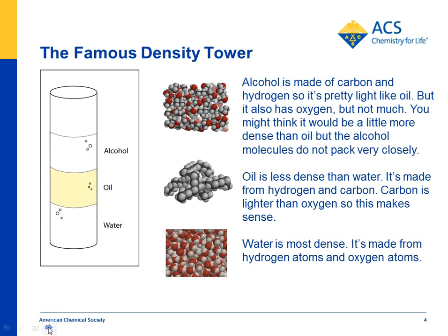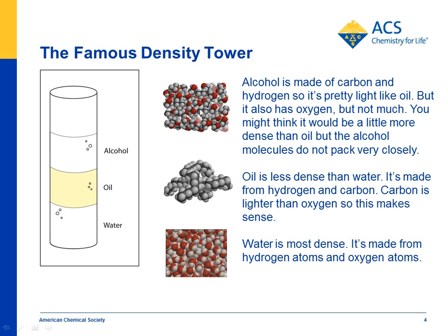And the question is, why is that on the molecular level? We'll take a look at water first. Water is made of hydrogen and oxygen, and it's pretty compact. The water molecules are very close together, even though they can move past each other. In oil, instead of being oxygen and hydrogen, it's carbon and hydrogen. Carbon is a little bit larger and a little bit lighter than oxygen, so it makes sense that oil is less dense than water.